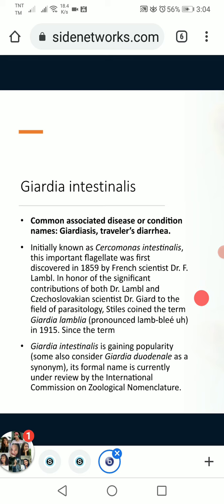When I was scanning yesterday yung CDC na file about Giardia, nag-change na naman yung name. So ngayon, mas piniprefer ng CDC to name it as Giardia duodenalis or duodenale. Pero niretain ko yung name, class, because intestinalis yung nasa book natin.